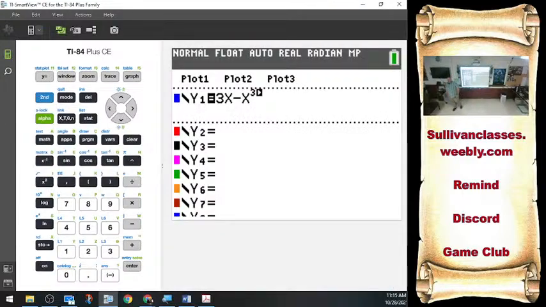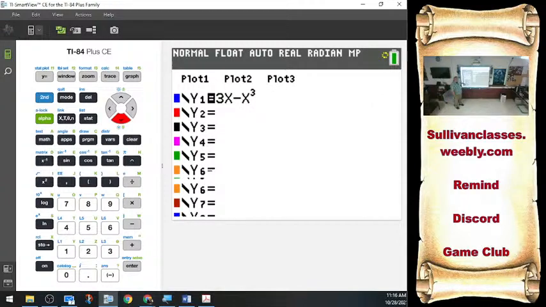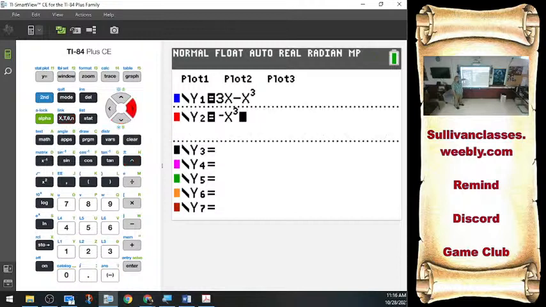I typed something into Y1. How do I get my table? What? Negative 1 is negative 2. Negative 1 is negative 2. What do you mean? Not in this standard form? It's going to get... does it matter?